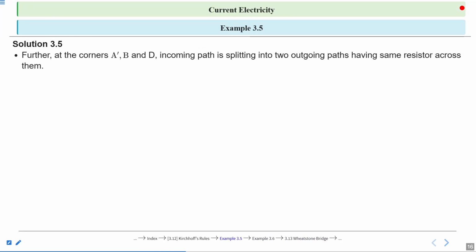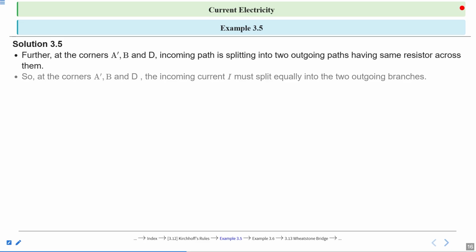Further, at corners A dash, B and D, the incoming path is splitting into two outgoing paths having the same resistors across them, because in the whole circuit the resistors are the same.